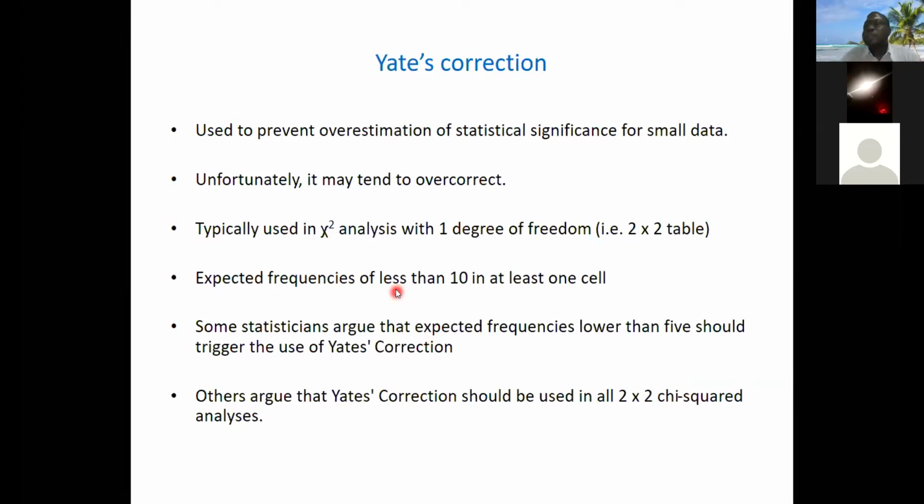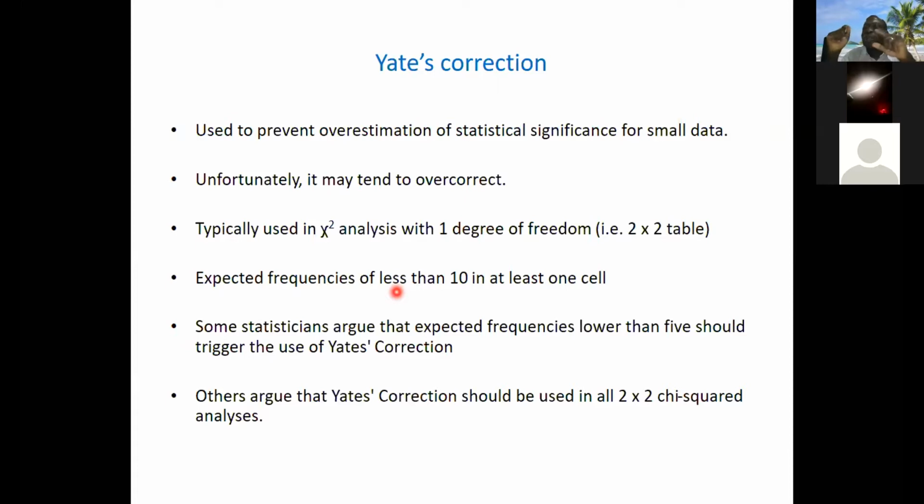Now, when you calculate the chi-square like this, Professor Yates believed that for a 2x2 table alone, which is the simplest one you can have, the formula tends to overestimate the statistic. That is, it gives you a bigger chi-square than it is supposed to be.